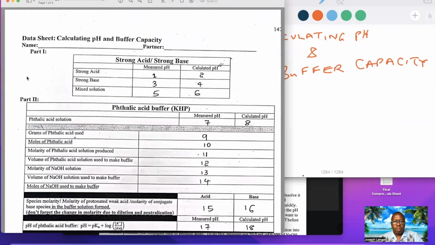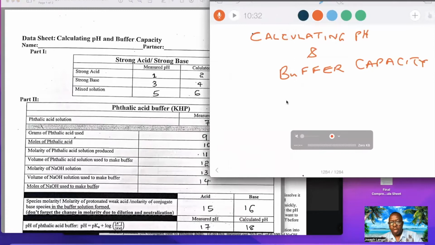If you didn't get a copy of the data sheet, please make notes and write down the numbers I do have on the data sheet. I distributed this handout. You should have this so that when I write the equation for, let's say, item number 15 or item number 5, you will relate to that.